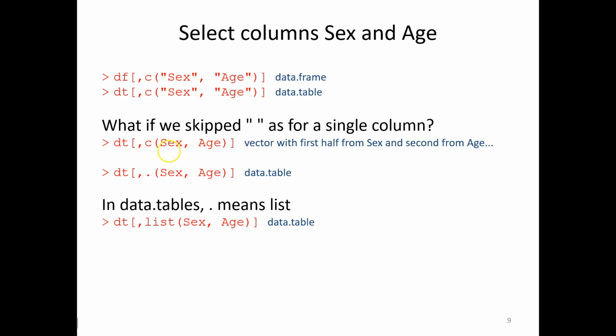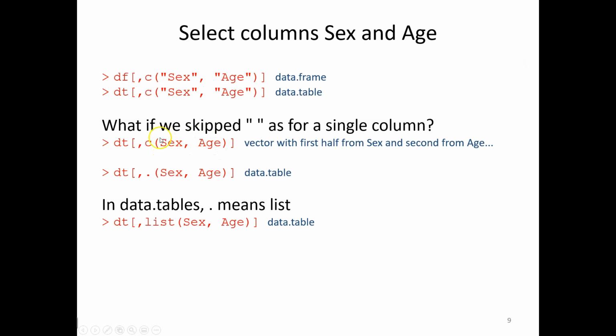And what it's done is that R has taken the sex column and then combined it using the C function with the age column. So you have a very long vector, and the first half of this vector is all the values from the sex column, and the second half is the values from the age column.